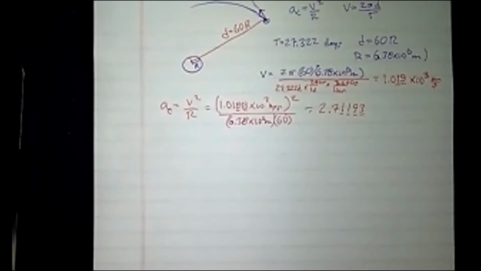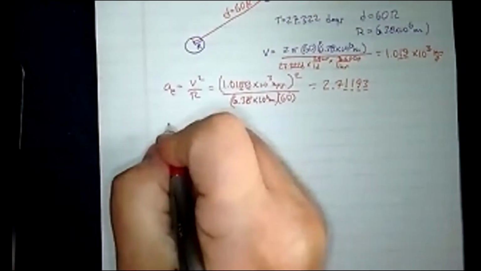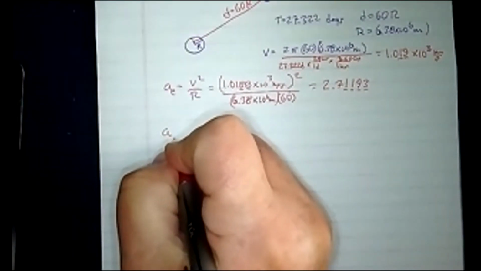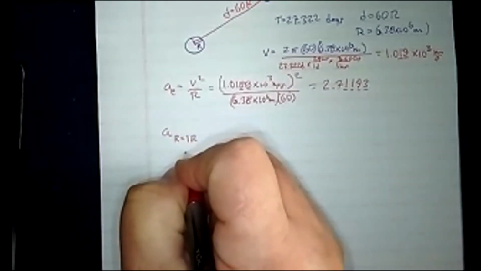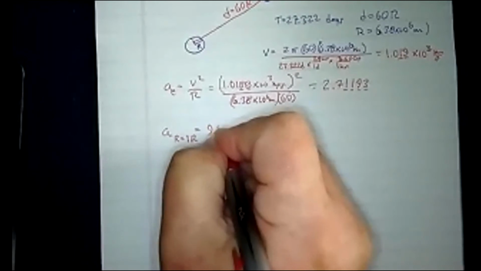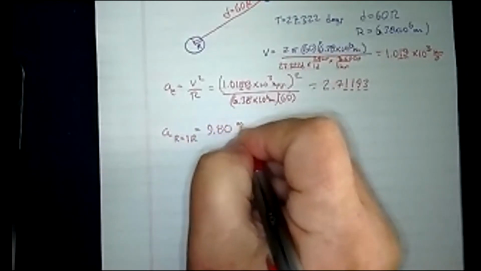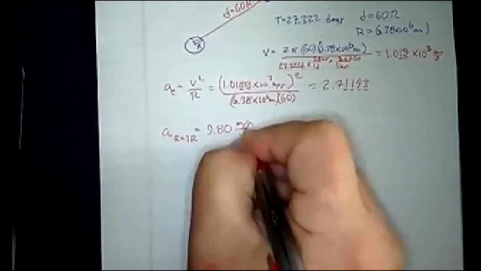So it's about 2.7. All right, so he knew that was the acceleration that the moon would have to have, but he also knew the acceleration at r equals 1 Earth radius was equal to 9.80 meters per second every second, right?